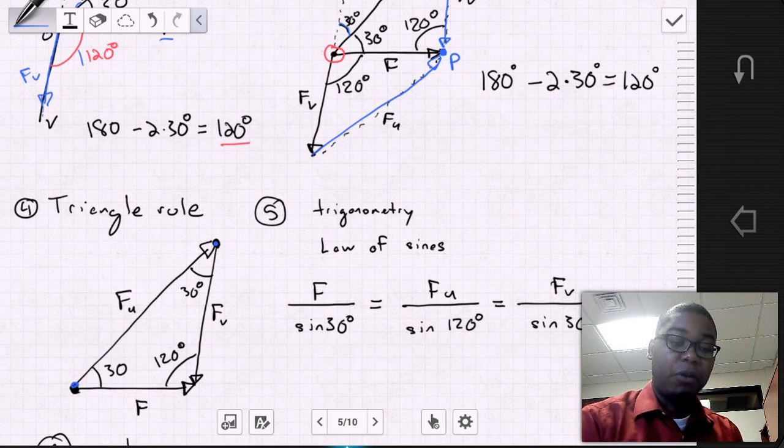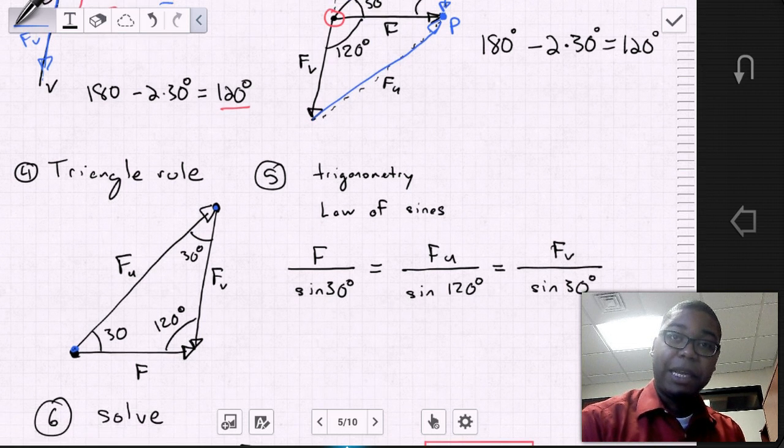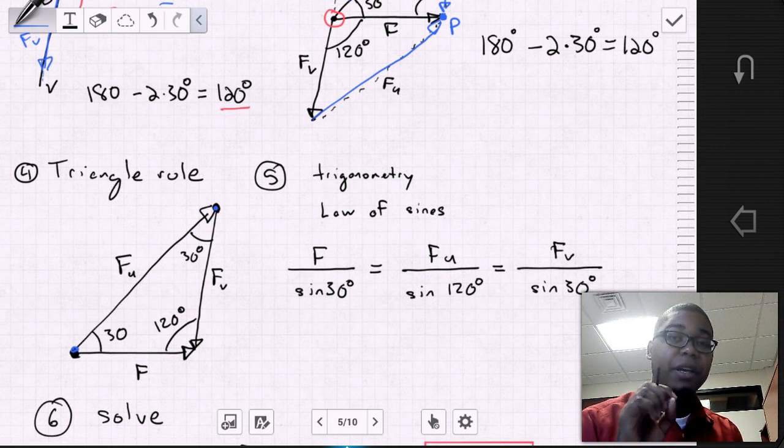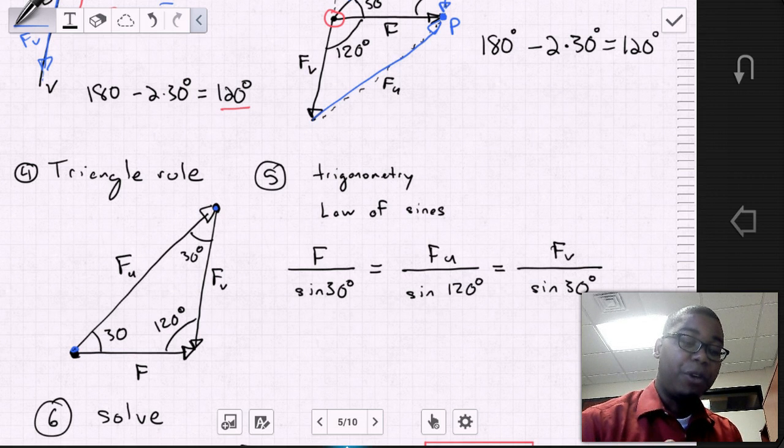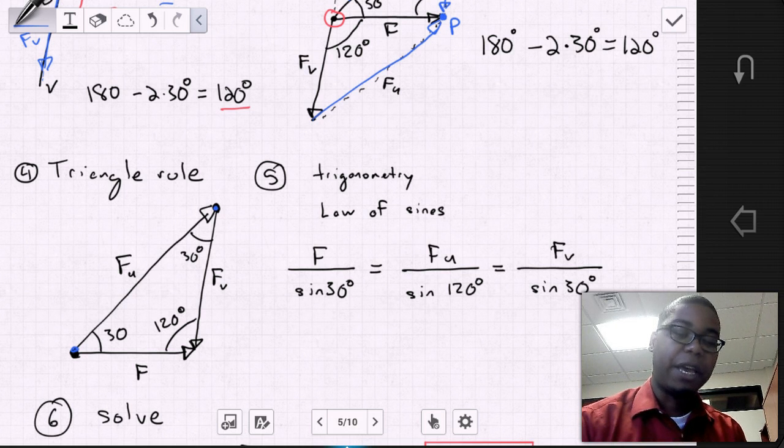We can apply the law of sines. And we can replace the A, B, C magnitude and directions with F, FU, and FV and the associated angles. And from that, we'll find that F over sine of 30 is equal to FU over sine of 120, which is equal to FV over sine of 30.